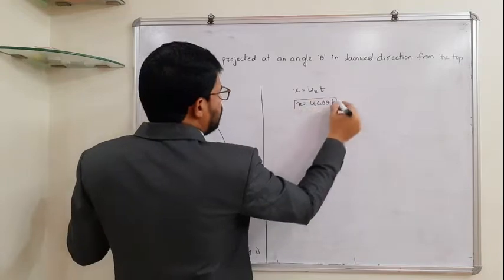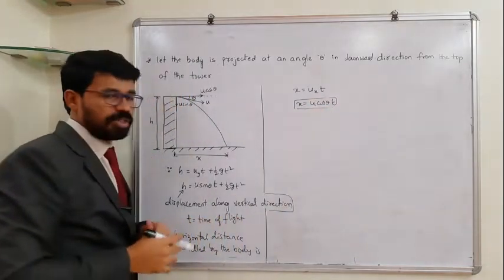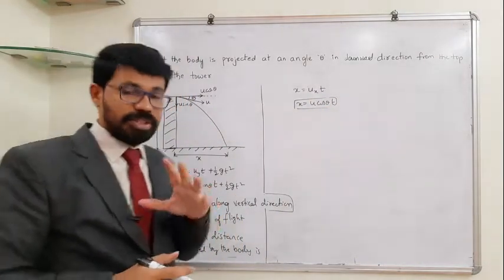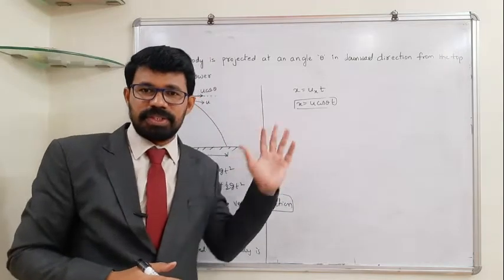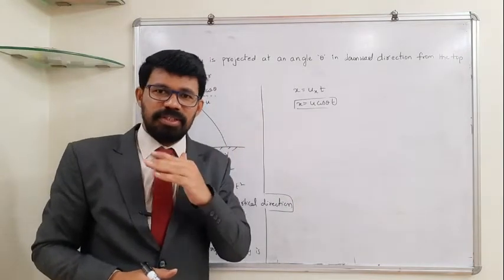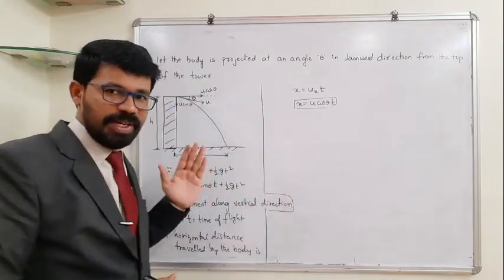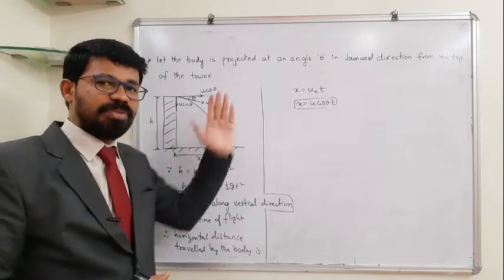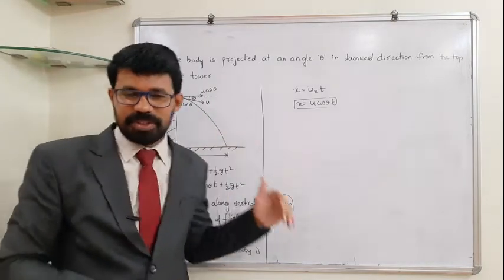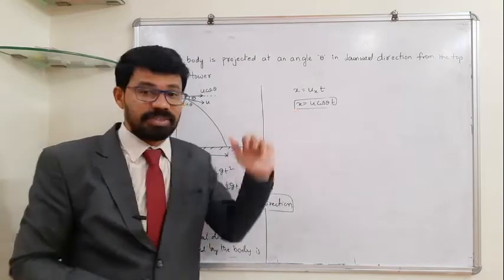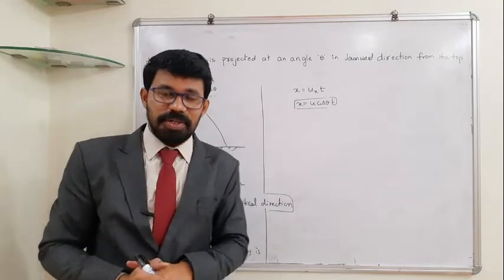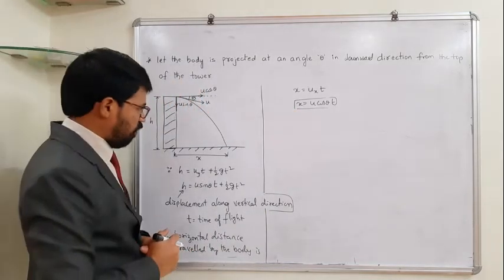This horizontal distance calculation is quite obvious, quite similar to previous cases. In case of oblique projectile, horizontal projectile, upward projection from the top of the tower, downward projection from the top of the tower, everywhere we are using this kind of equation only. x is equal to u cos theta into t, where t is the time of flight.